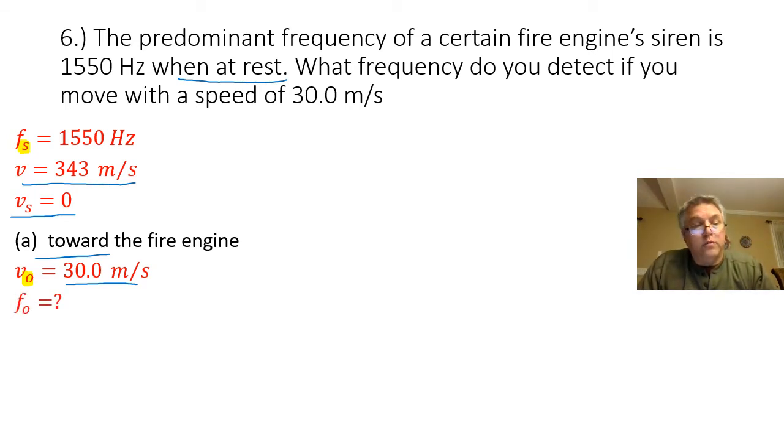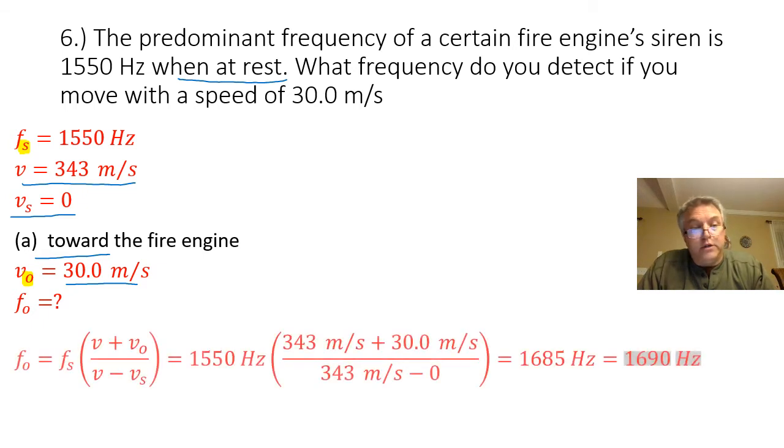So I am going to be looking at my Doppler equation, and I don't have to do any rearranging for this first one. I know that the frequency of the observer, which is what I am looking for, is equal to the frequency of the source times v. Now this v is the speed of the sound wave. So my v without a subscript is the velocity of the sound wave.